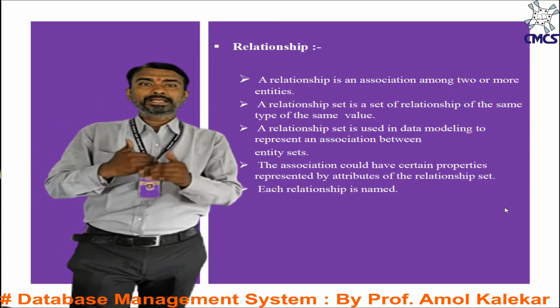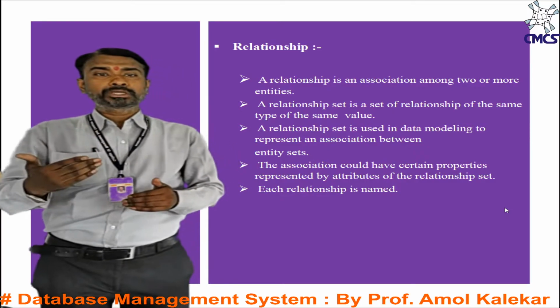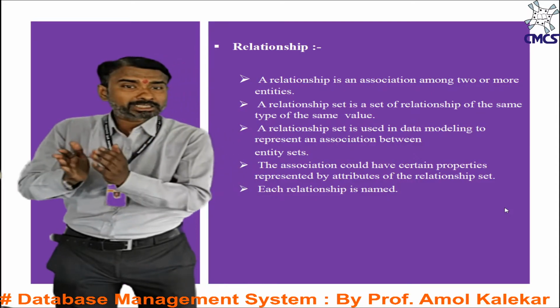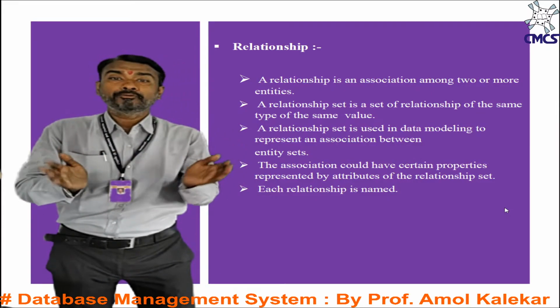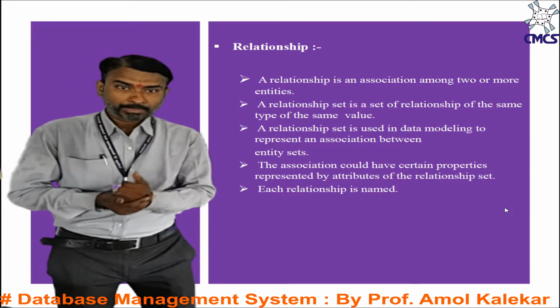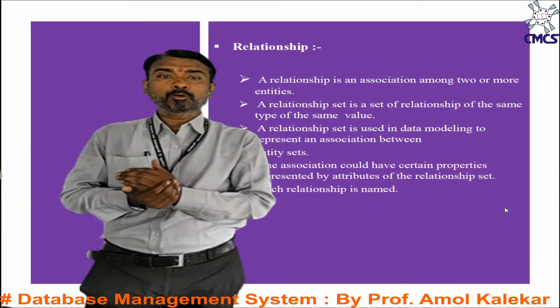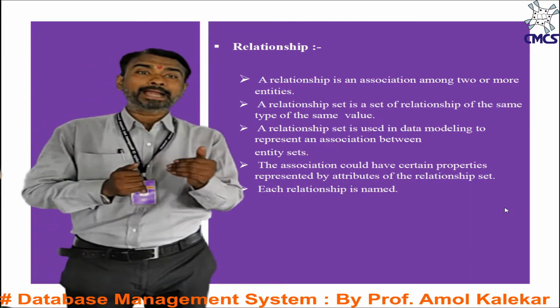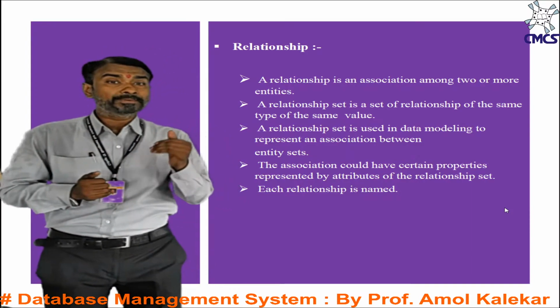Okay, now a relationship set is always used in data modeling to represent the association between a variety of entity sets or one or more entity sets. Again, the association could have certain properties which are generally represented by the attributes of the relationship set.